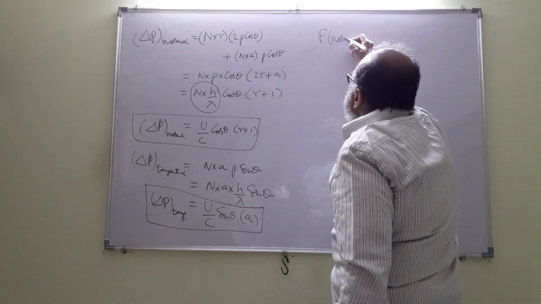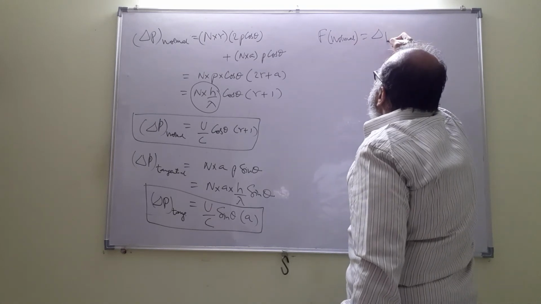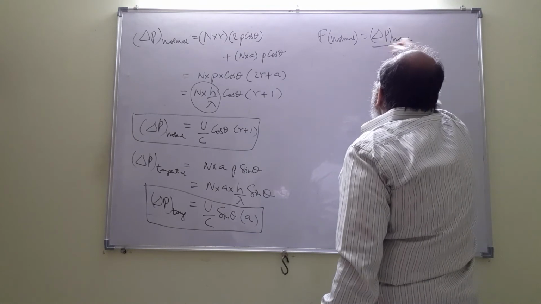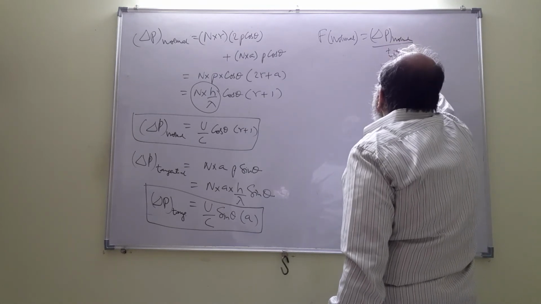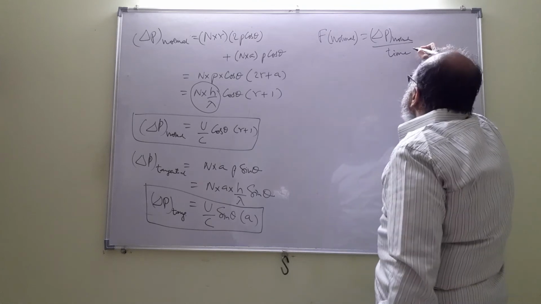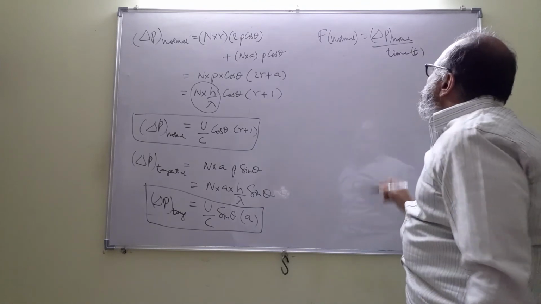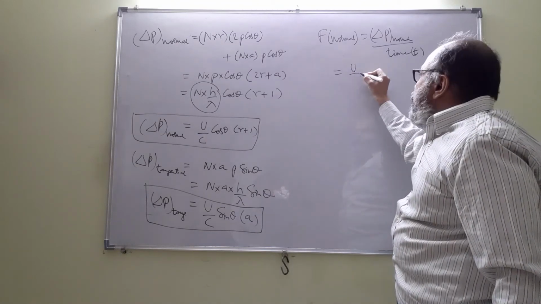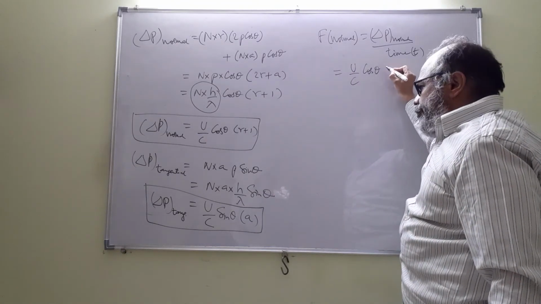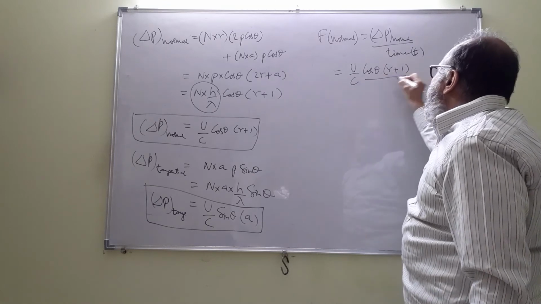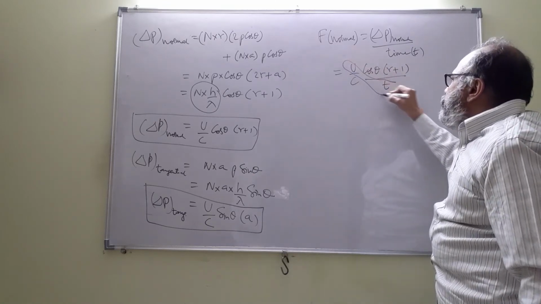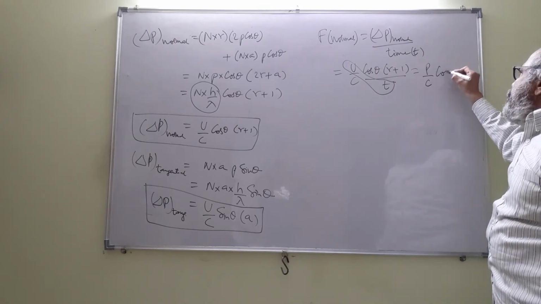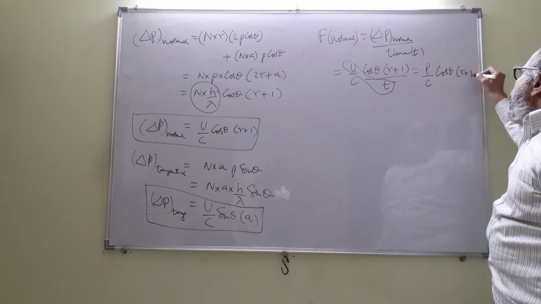The normal force would be the change in momentum in the normal direction by the time t. The change in momentum in the normal direction is u by c cos theta into r plus 1, divided by t. u by t is the power. So you have P by c cos theta into r plus 1.